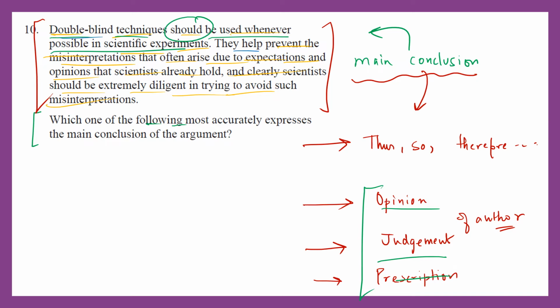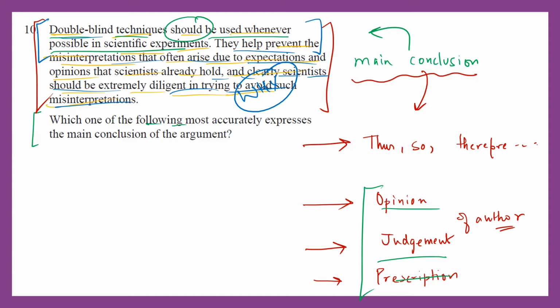It says that they help prevent misinterpretations that often arise due to expectations and opinions, and it says a lot of things. So it tells you why you need to use the double-blind technique, but the conclusion tells you basically that you should use it. Scientists should use it whenever possible.